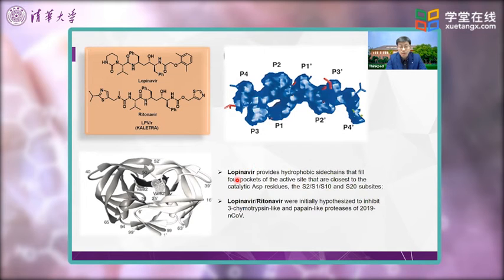The first drug, lopinavir, provides a hydrophobic side chain which can fill four pockets of the active site that are closest to the catalytic Asp residue. And it was believed that those two compounds can inhibit the PL protease of coronavirus.